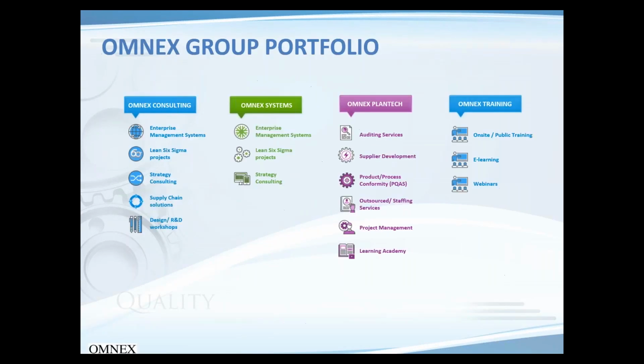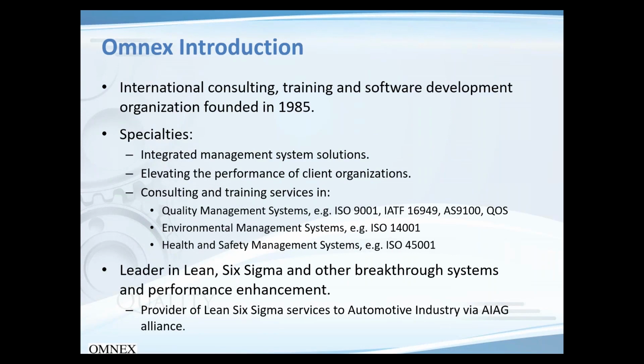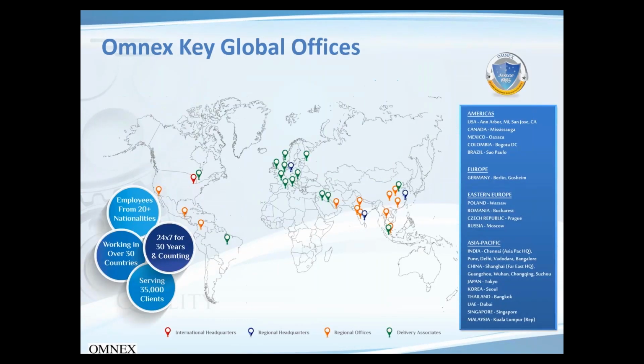Omnex is an international consulting and software company. We do implementations and we do trainings and internal audit assessments. We are involved in several different standards like environmental, quality, food safety, laboratory, health systems. Our presence is all around the world.